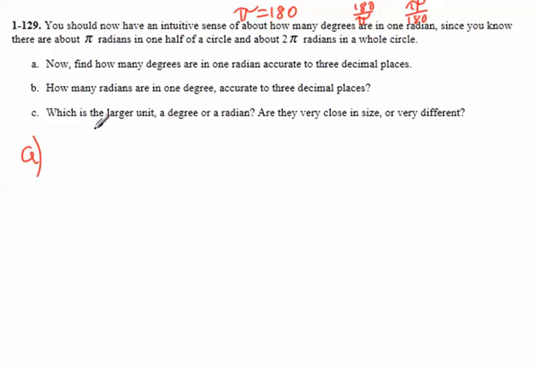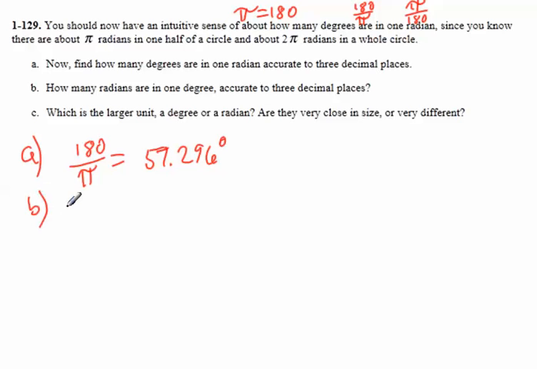To calculate that, we want to know degrees in 1 radian. That's 180 over 3.14. Put that in the calculator, and that gives us 57.296 degrees, accurate to 3 decimal places.